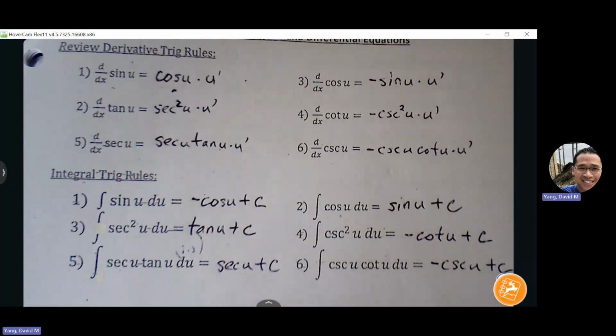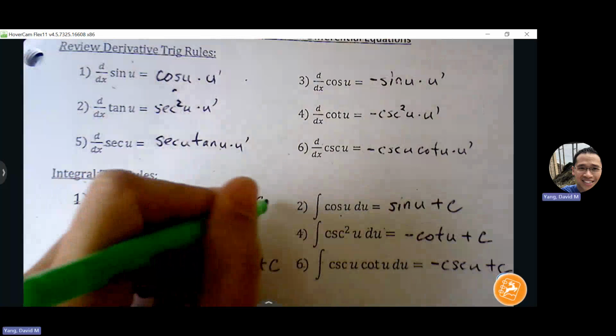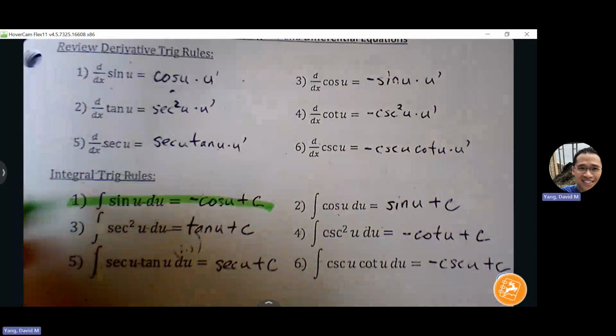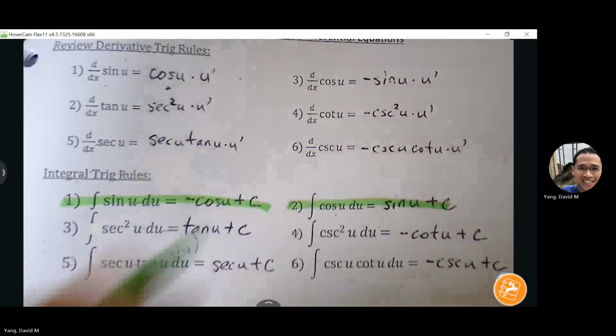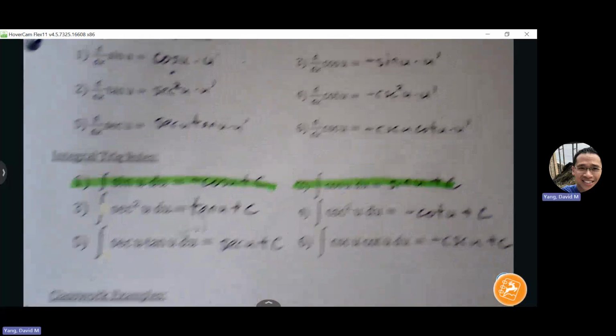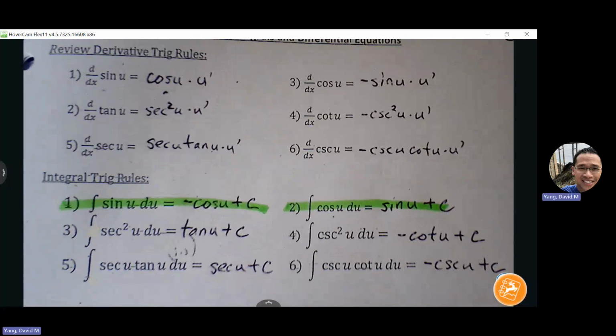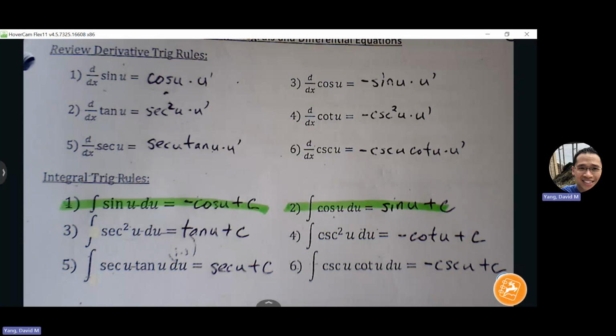Now, having said that, these 2 give students the most trouble. So put a star next to these 2. Why do you think these give students so much trouble? Exact opposite. Yeah, because we're so used to thinking sine derivative is cosine and cosine derivative is negative sine, that when you get to the antiderivative, it takes a minute to let that sink in, right? It's only the signs that flip.